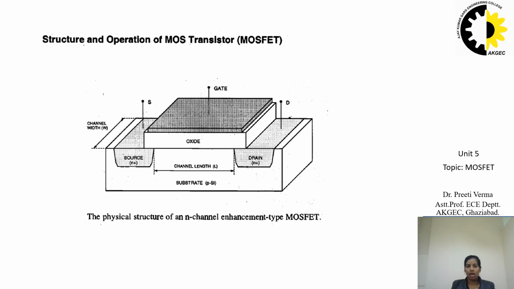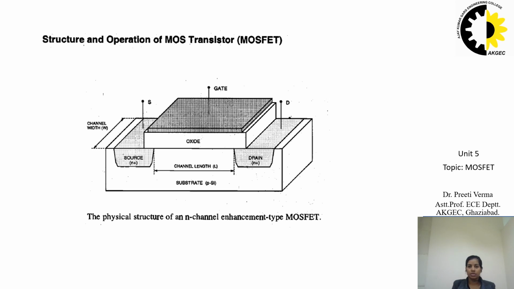Source and drain are heavily doped regions, and as I have already discussed in previous videos, if we are having a p-type silicon substrate, then source will be of n-type and drain will also be of n-type, and these will be heavily doped.